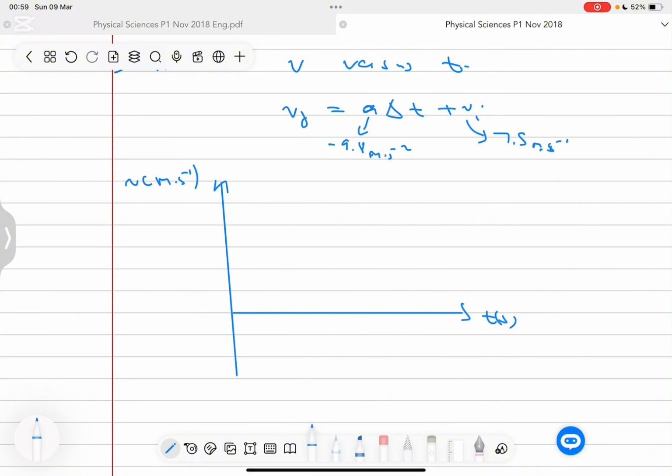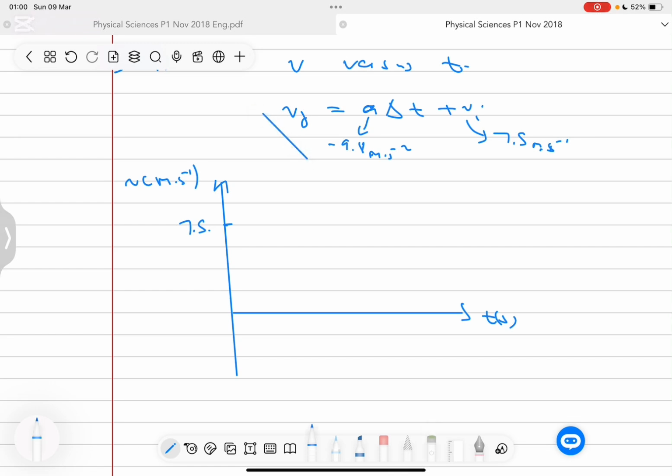So we're saying the y-intercept would be a point here which is 7.5, and we know that when our slope is negative, we have a graph that goes downhill like that. A negative slope, which means our graph goes down like that.